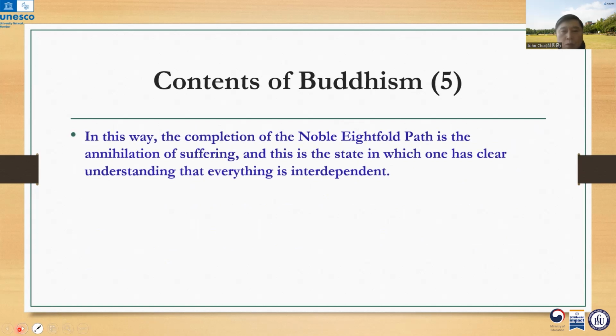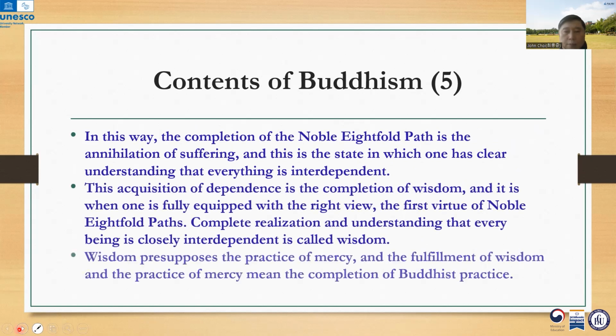So, completion of the Noble Eightfold Path is the annihilation of suffering, and that is the ideal state in which we can have a clear understanding that everything is interdependent.